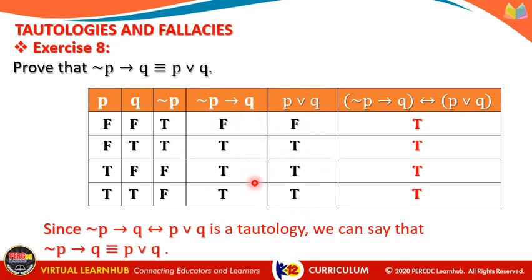Though for the sake of proving the principle, you can refer to this. Again, one way of proving logical equivalence is by getting the biconditional of the two propositions and then checking if it's a tautology. If it's a tautology, then these two are logically equivalent.